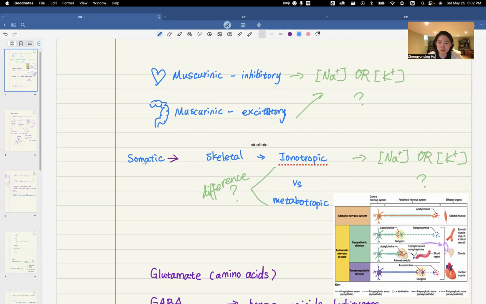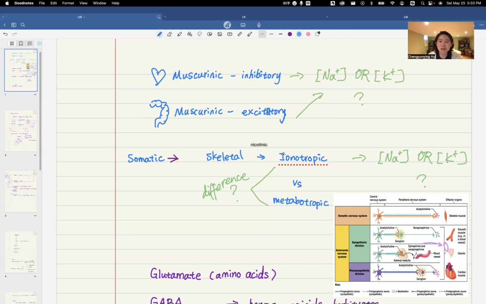In the somatic nervous system, we have the skeletal muscle, and in skeletal muscle, it's the ionotropic receptor. What's the difference between an ionotropic receptor and a metabotropic receptor? I'll give you a few seconds.